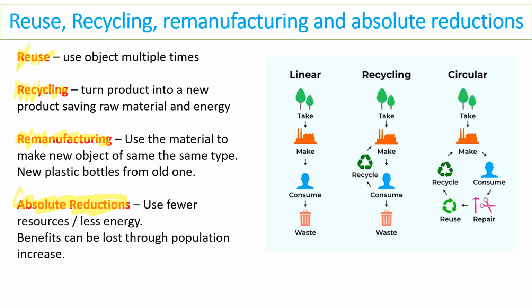This could be, for example, using less packaging, so we reduce the actual resources we use. But often the benefits of this, if we're using less energy or fewer resources, can be impacted by the population increasing as a result, which can take away that benefit.